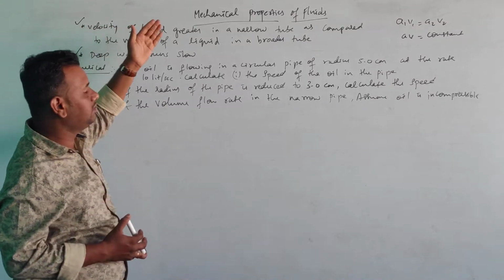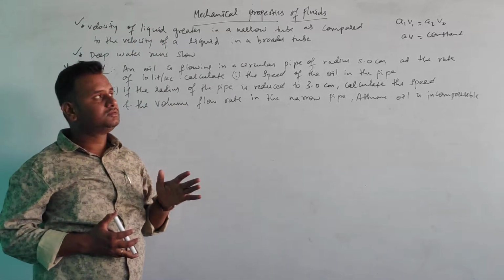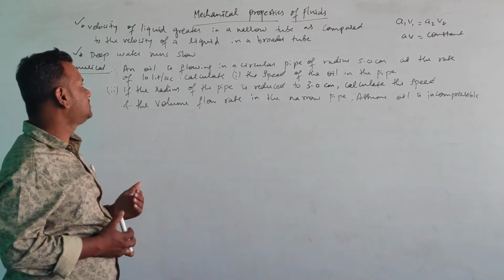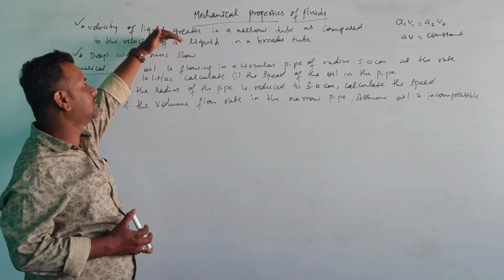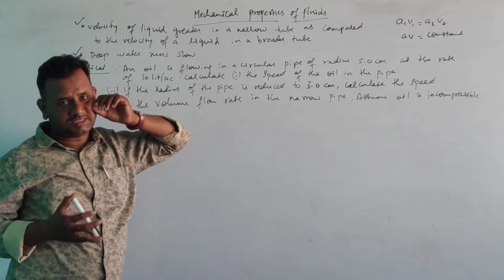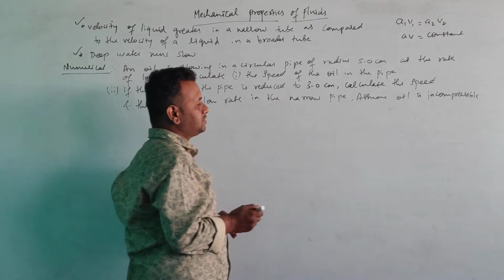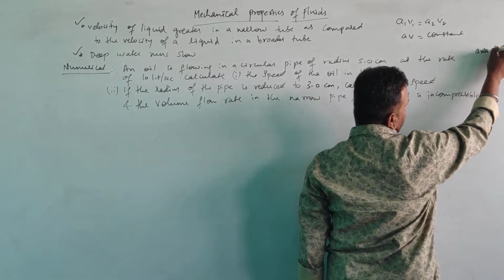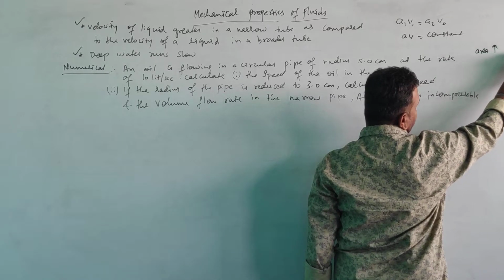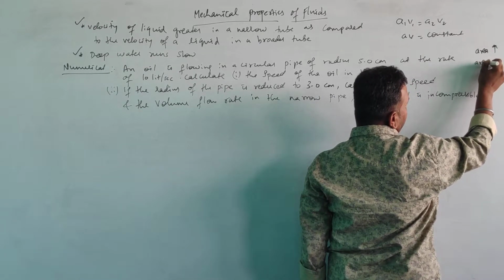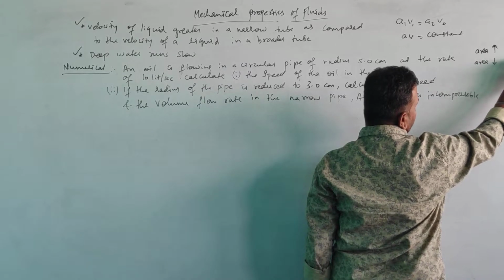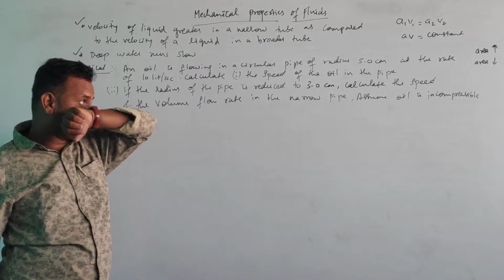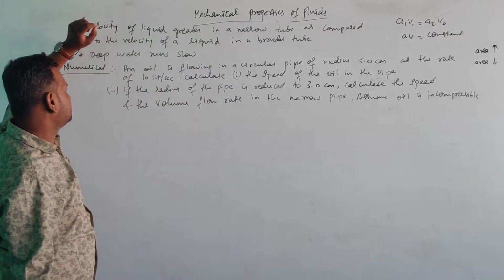And if it is a broader tube, the area of cross section is large, and hence the velocity of the liquid is less. Both are inversely proportional to each other. Area increases, velocity decreases. Area decreases, velocity increases.